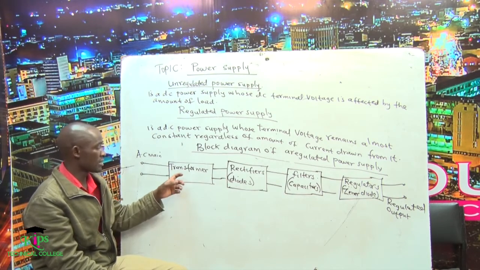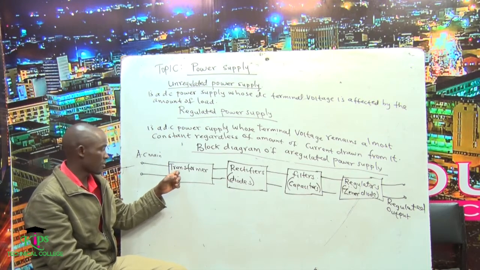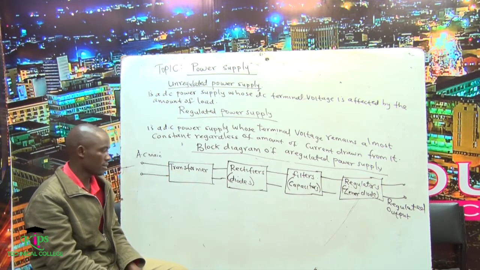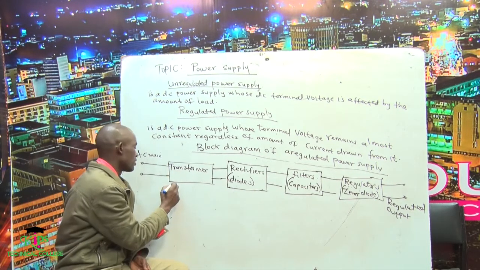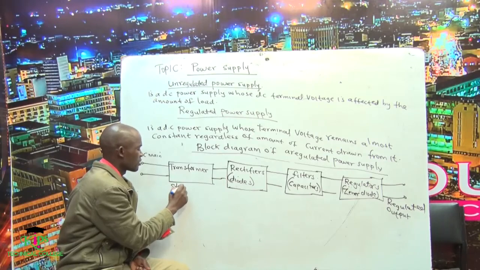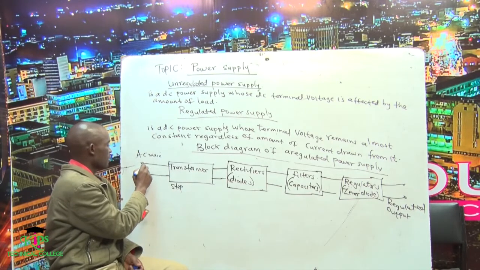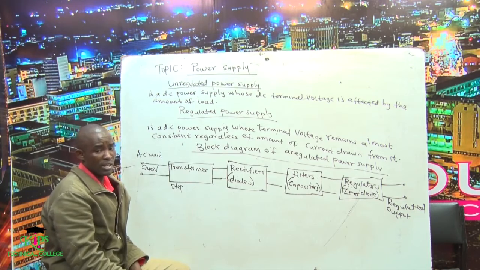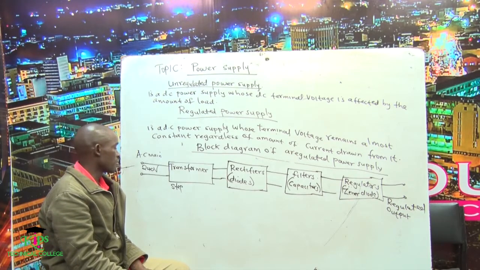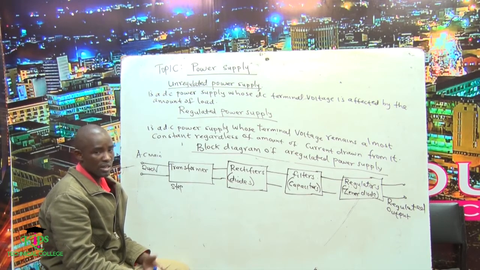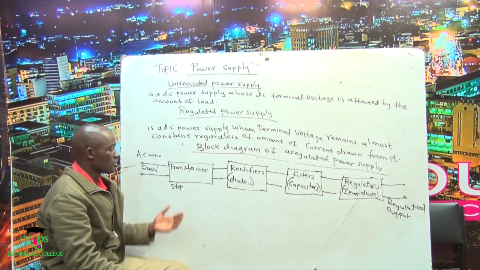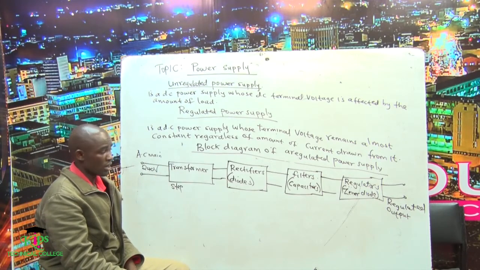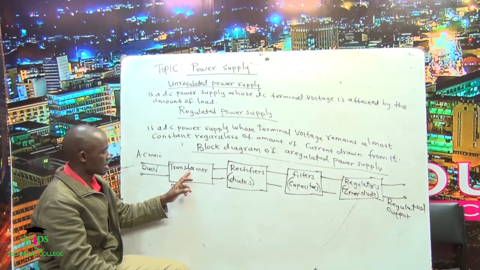So the first part is the transformer. What is the function of the transformer? The transformer here will be used to step down, because in most cases, remember, what is coming from here is 240 volts. Most of the electronic gadgets will be using like 5 volts, 10 volts, 12 volts. So you need to bring down the voltages. What you will use there is a transformer.